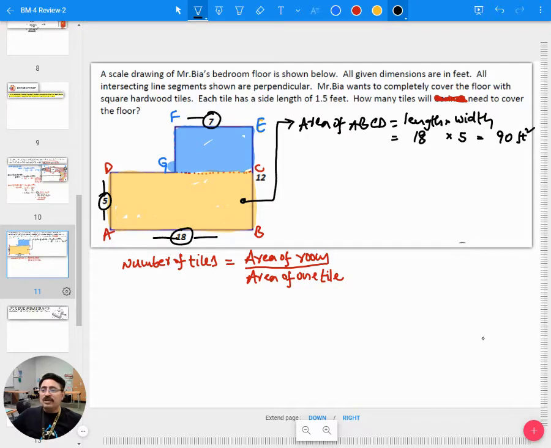Length is 7 units. What is the width? Here the width is not given. I know that the total is 12, but this piece is not mentioned. What is the value of this? In a rectangle, opposite sides are equal. Therefore, if DA is 5 units, the opposite side is also going to be 5 units.